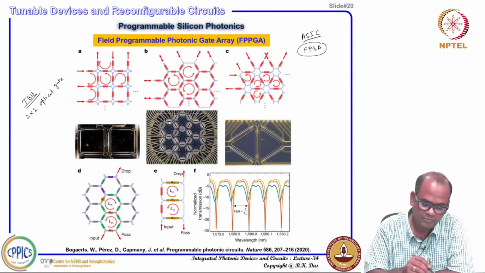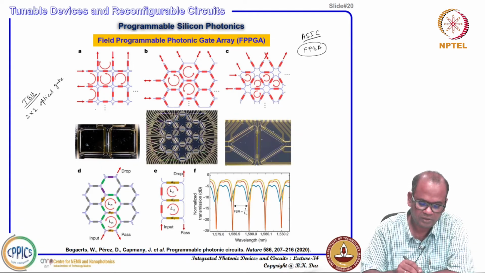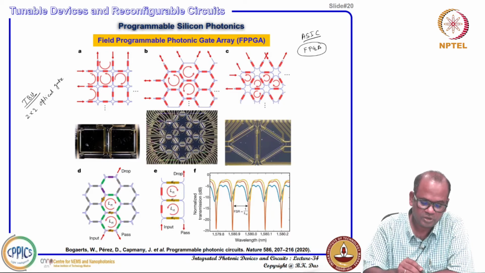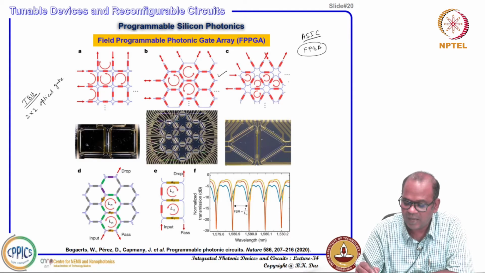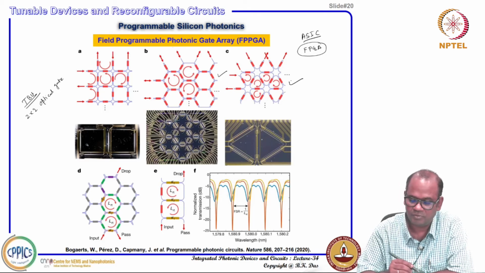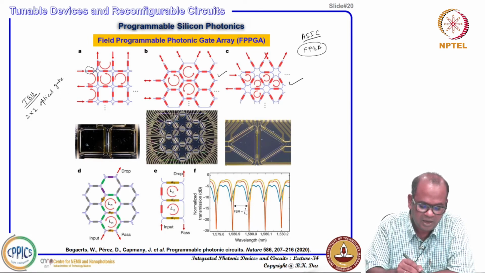So, people thought of a structure, for example, like this, where you can think of TBUs arranged in a square mesh, or you can arrange them like a hexagonal mesh, or like a triangular mesh. If you see, it is a 2 input 2 output unit, and that 2 input output goes here, and it can be connected, one goes to one MZI and another input comes from another MZI.